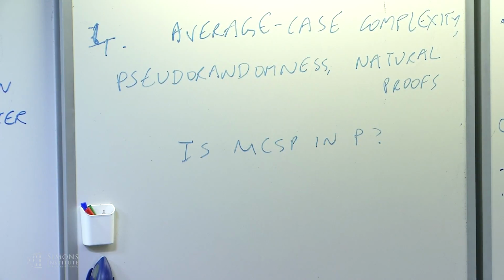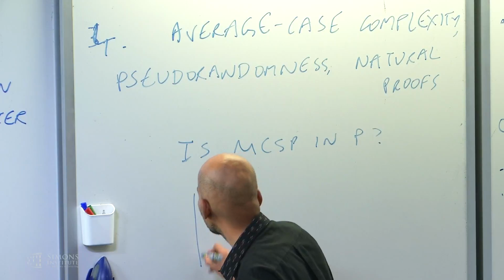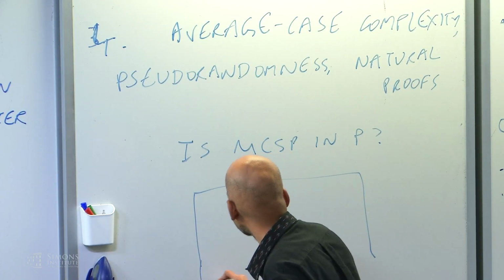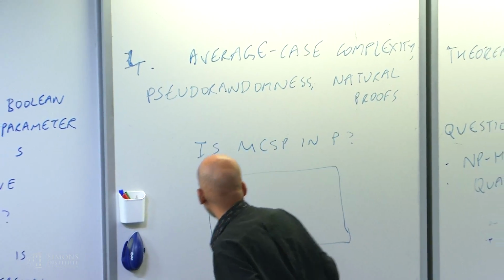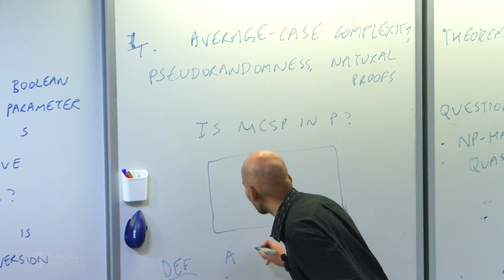The key notion that gives us some insight into this question is the notion of natural proofs, due to Razborov and Rudich. So what is a natural proof?